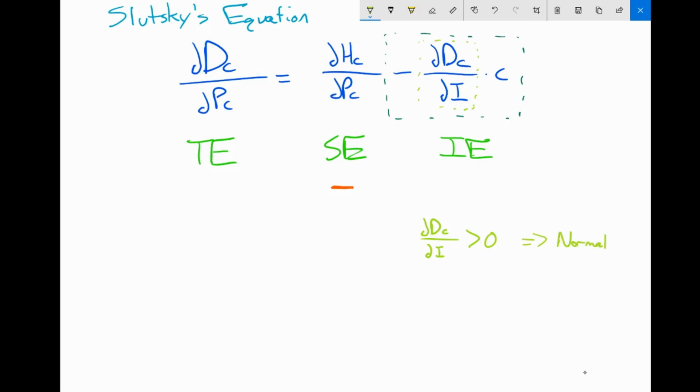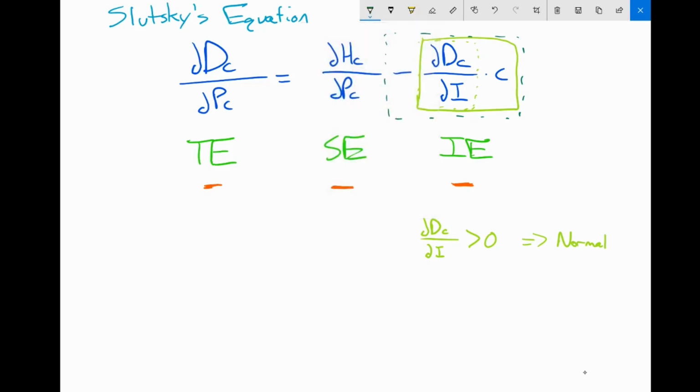If it's a normal good, then this whole term here will be positive, and because we subtract it, the net income effect will be negative for a normal good. Which means that the total effect will be negative, because it's a negative minus a positive, which is a negative. So the substitution effect is negative, income effect is negative.